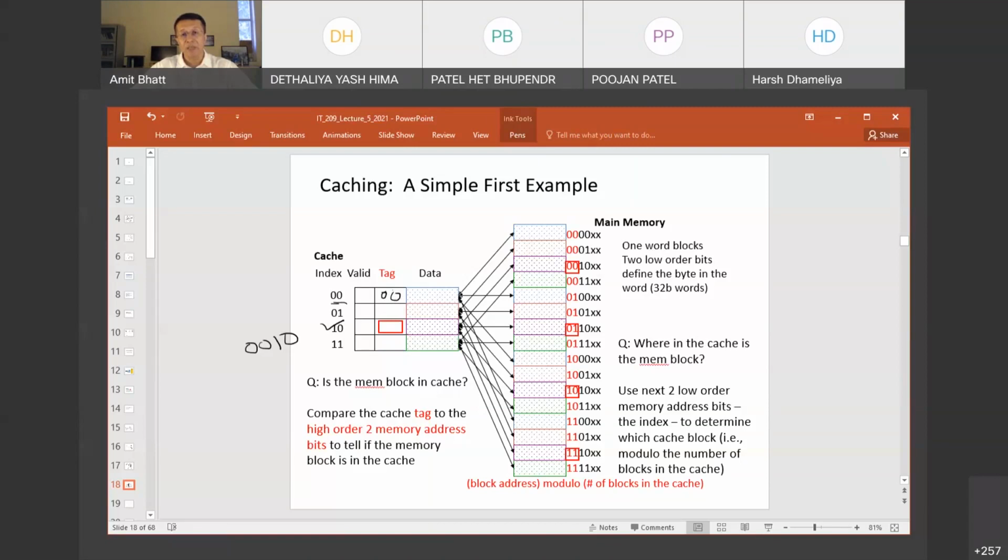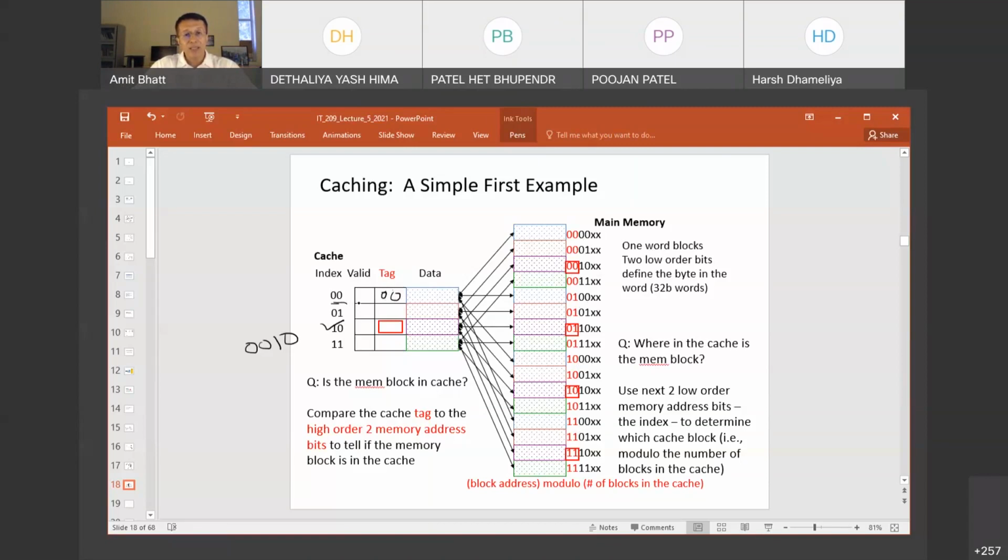Suppose by chance you have written a program which accesses first 0000, then 0100, then 1100, and then 1000.